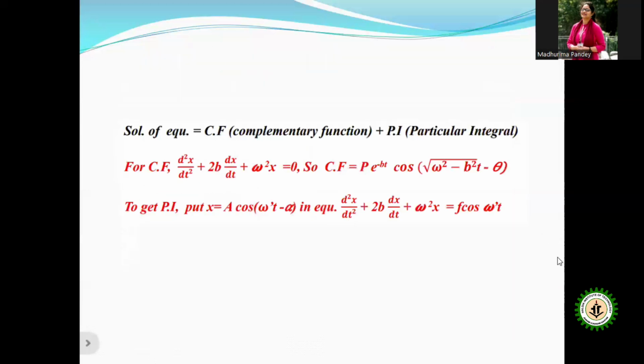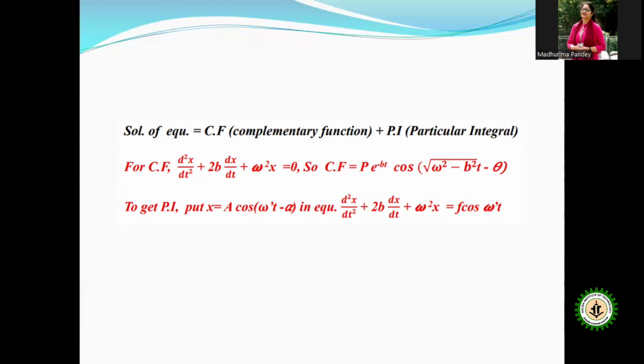Now two types of solutions we can obtain from this expression. Why two types of solutions? Just keep in mind that in our system we have two types of motion. One is the natural motion, which eventually dies out after a certain point of time because of the presence of damping.